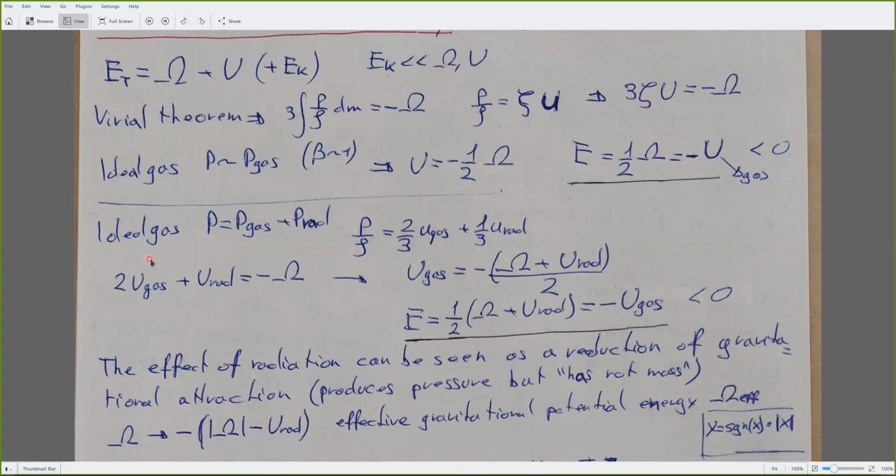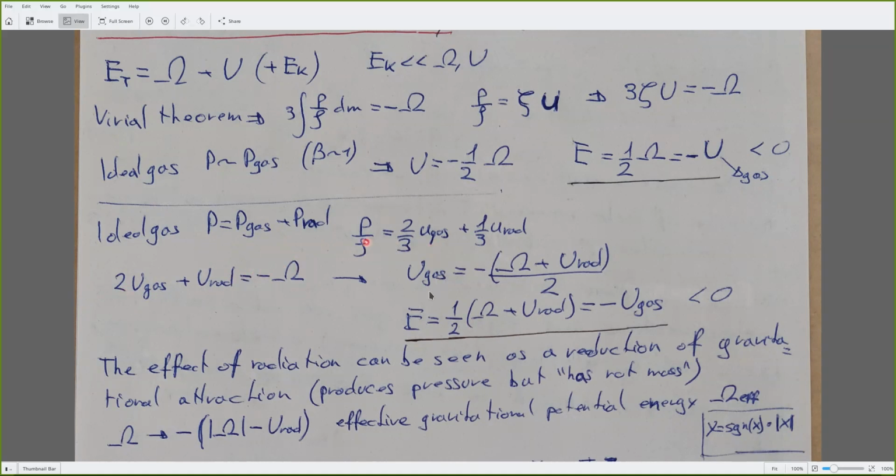That gives us a relation that is no longer the same as before: the internal energy of the gas, which is almost the total energy of the stars, is minus 1/2 of the potential energy, but we have twice the internal energy of the gas plus the internal energy of the radiation equal to minus the potential energy.